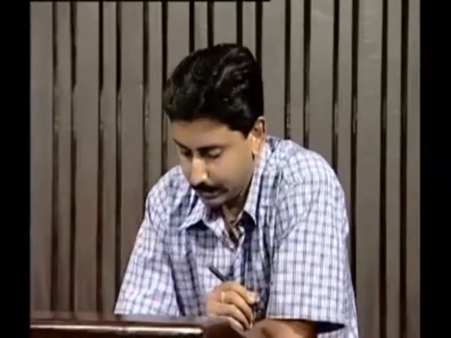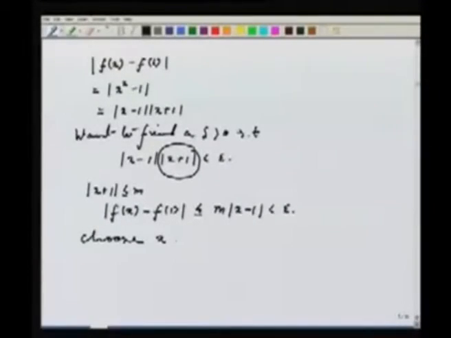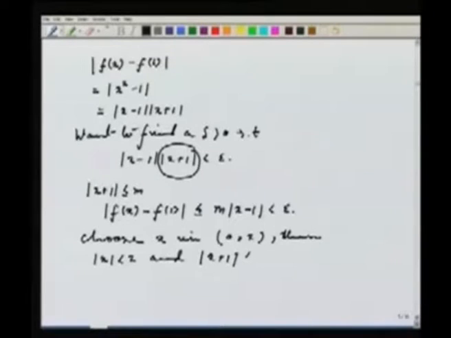Now let me make this m specific. What I will do is I will choose x in 0, 2. Then mod x is anyway less than 2 and mod of x plus 1 is less than or equals to 3.